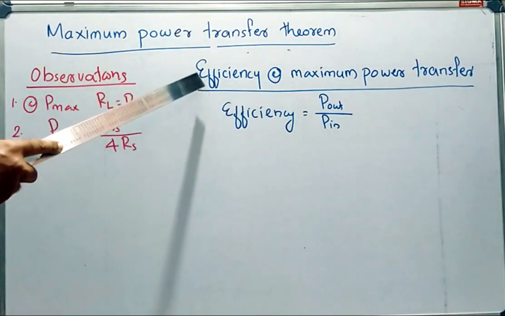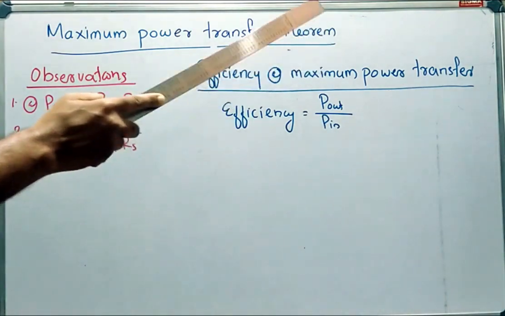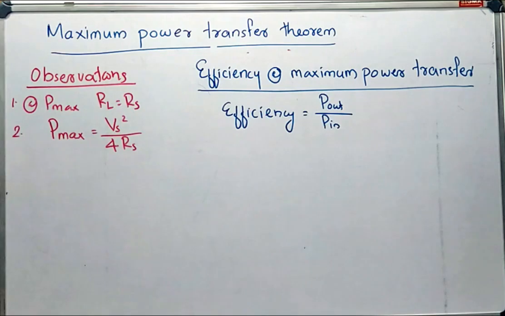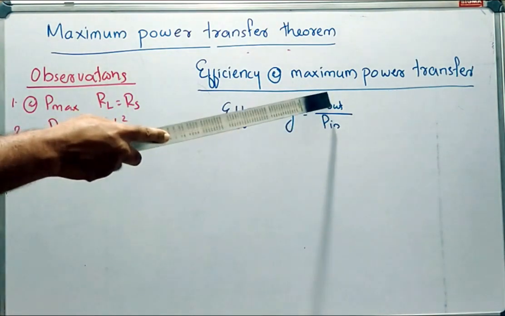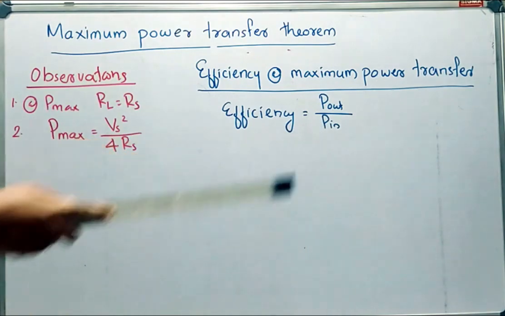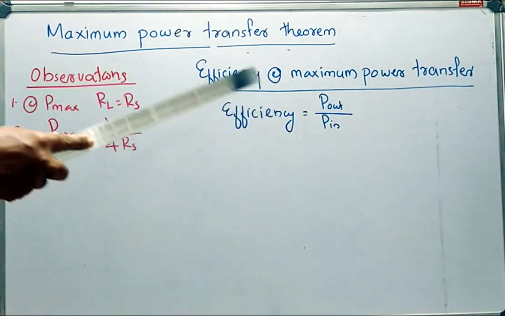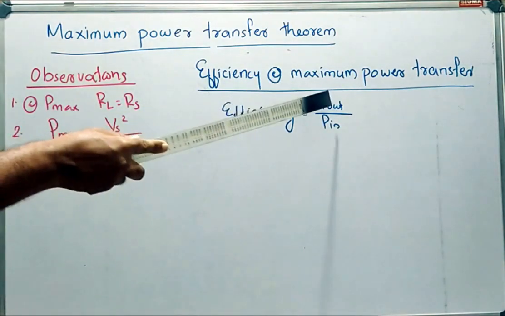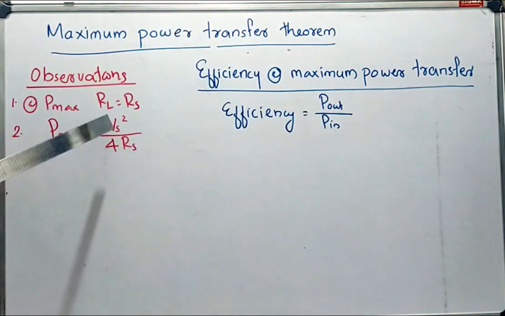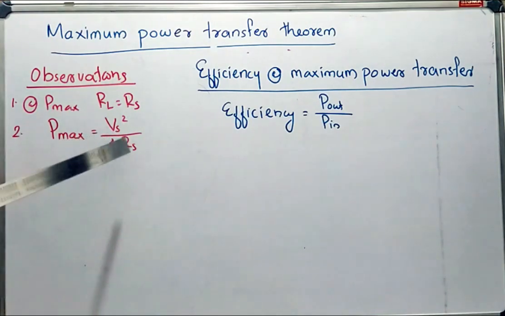Next, let's see the efficiency at maximum power transfer condition. As we know, efficiency is the ratio of output power divided by input power. So we know at maximum power transfer condition, output power is nothing but Pmax, that is Vs square divided by 4Rs.